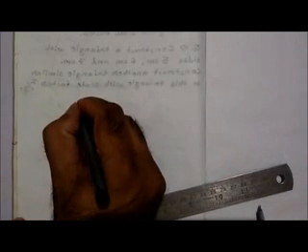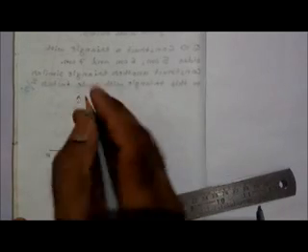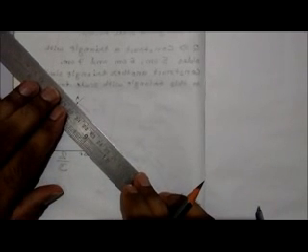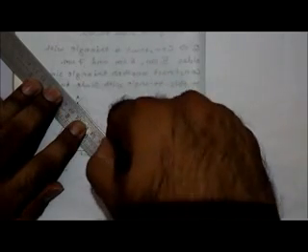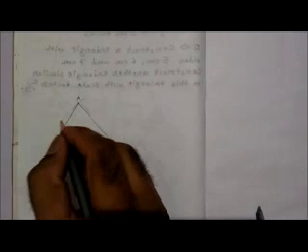So this is our point A. Join AB and AC. So this is our original or first triangle with sides 5 cm, 6 cm and 7 cm.